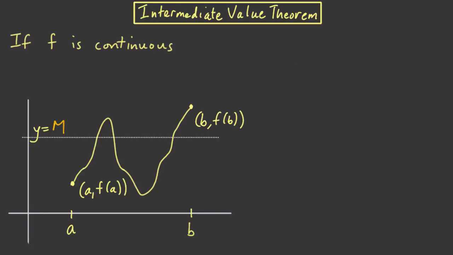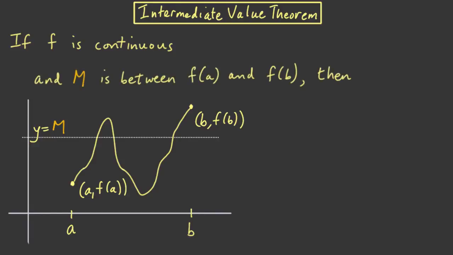This is called the intermediate value theorem, and it states that if f is continuous and we have some value m that's between the values of f of a and f of b, in other words, m is an intermediate value, then, well, then what?